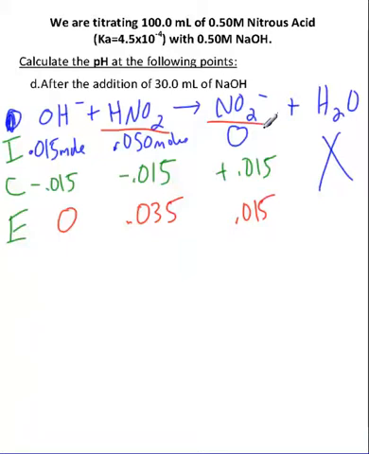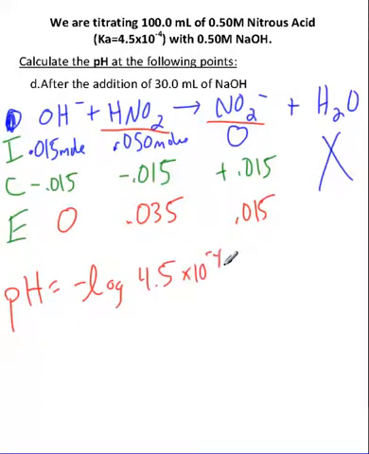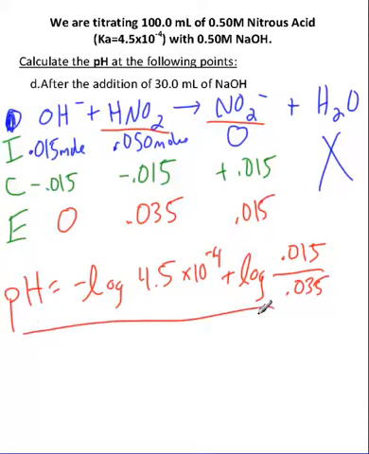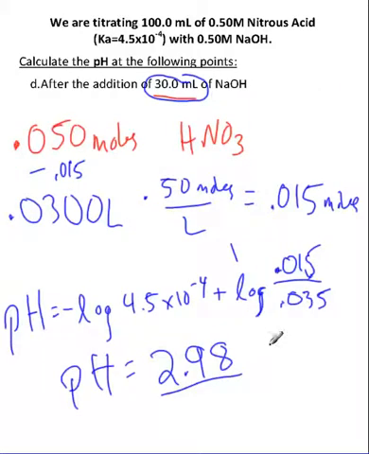Conjugate acid, conjugate base, I'm ready to do my Henderson-Hasselbalch equation. pH equals the negative log of 4.5 times 10 to the minus 4th plus the log of my conjugate base, 0.015, over my acid, 0.035. And again, end of the picture, I have the exact same thing I had over here.